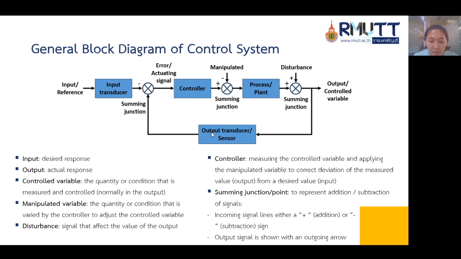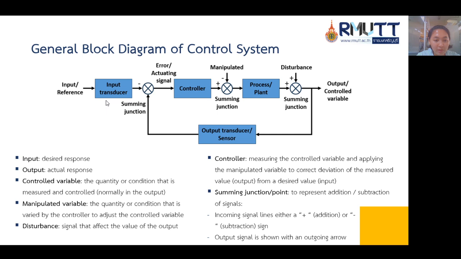This is from the sensor, which measures the output and feeds back to the summing junction or comparator here to compare with the input, then produces an error, and after that the controller will minimize the error again, flows to the plant after the manipulated variable in the summing junction here, and then from the plant it is summed with the disturbance if there is a disturbance, and then produces an output, and then closes the cycle like this until the output is the same as the input.